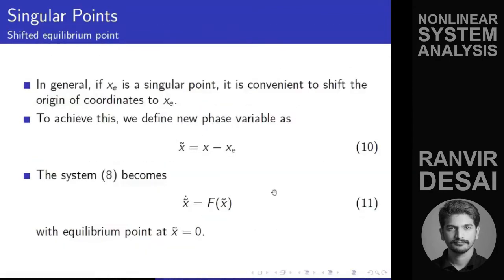Okay, so what if we want to shift that equilibrium point? What does shifting an equilibrium point mean? See here, xe is a singular point. It is convenient to shift the origin of coordinates to xe. We want to shift the coordinate system such that the point xe is the origin of the system. So we define the error variable x tilde as x minus xe.